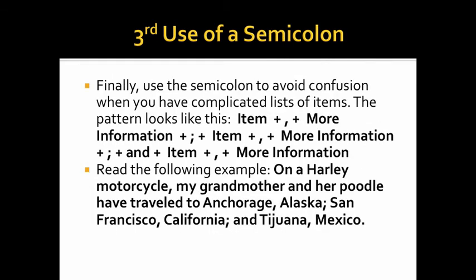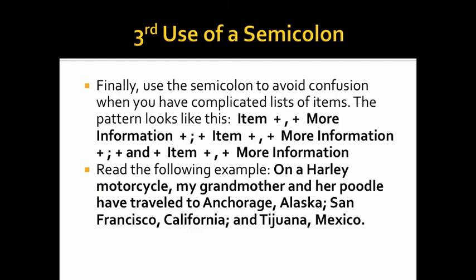The last way to use a semicolon properly is to avoid confusion when you have complicated lists of items. So for example, if you have a list that has its own internal punctuation, sometimes it's easier for the reader if you have a semicolon between them. So here's an example.